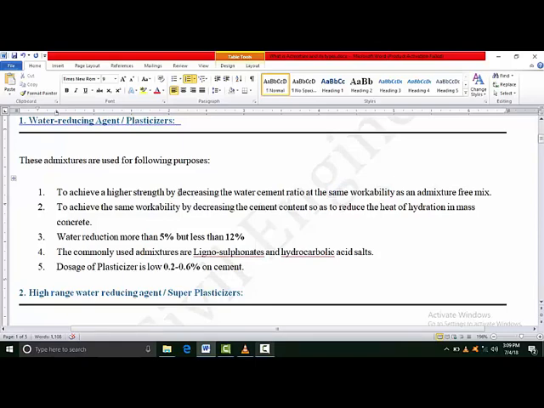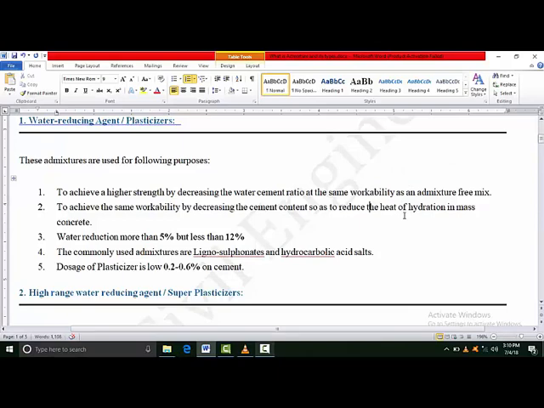The function and benefit of the plasticizer is to keep the same slump value of the fresh concrete while decreasing the water cement ratio. Decreasing the water cement ratio does not affect the workability or the slump value of the concrete. This is the main benefit of using plasticizer.